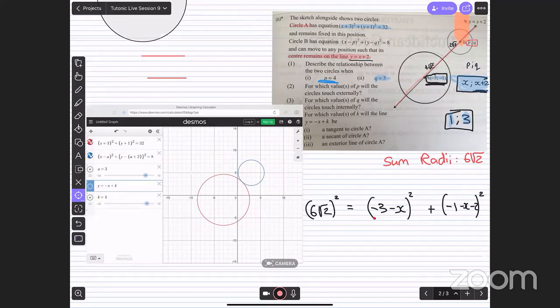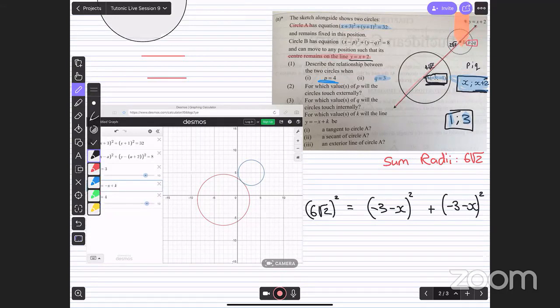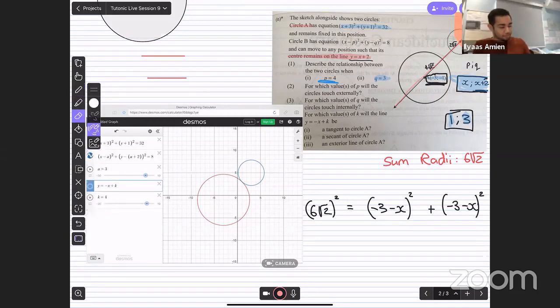Oh my word, it's the same thing: -3 minus x. So what can we do now to make it easier? Can't you just say 2 into (-3 minus x) squared? Yes, because it's times by 2.